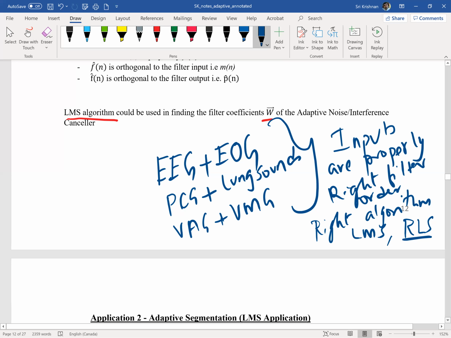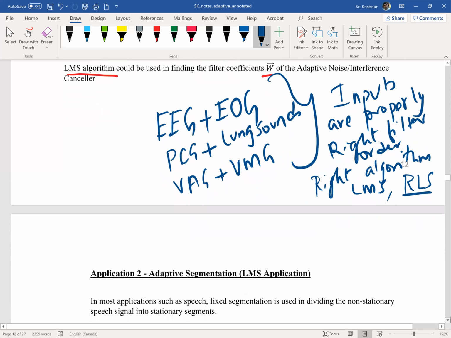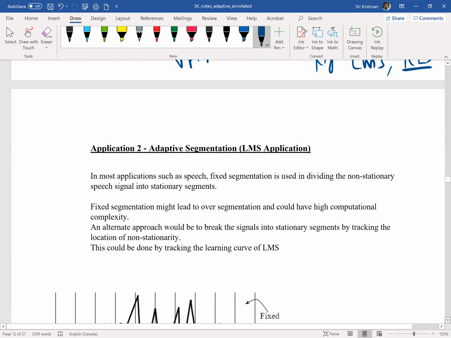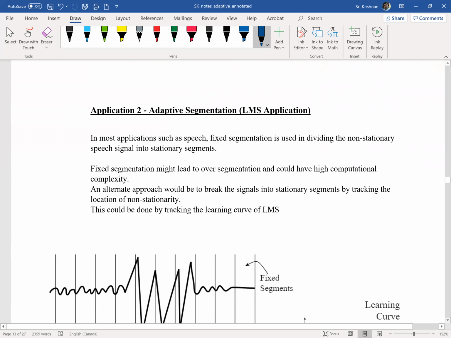So with that application, we will switch to a second key application of using adaptive filters. In the specific example, I will be taking LMS as an algorithmic solution for that.